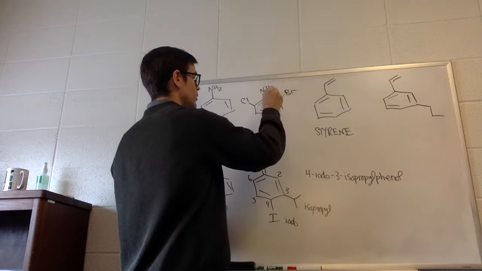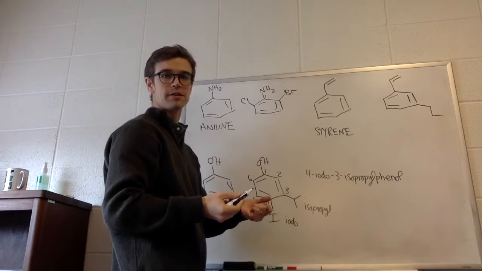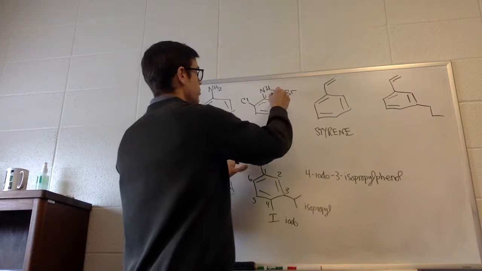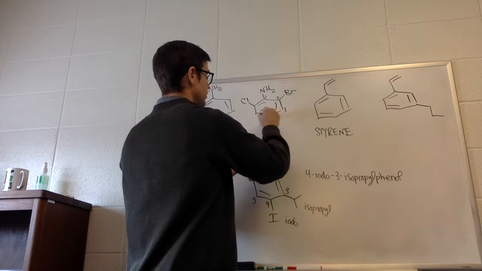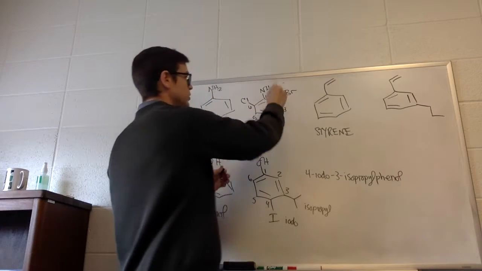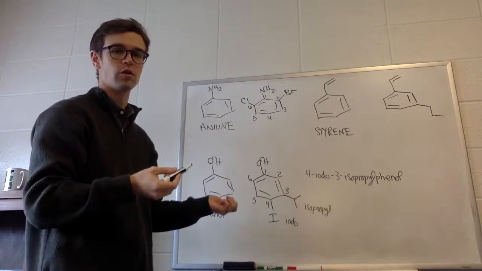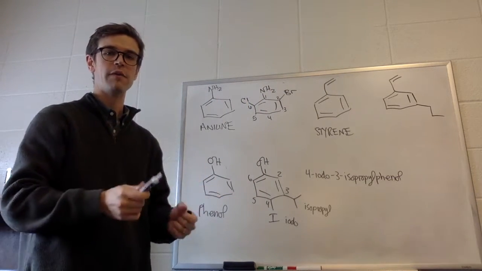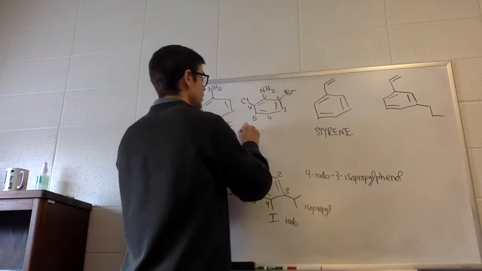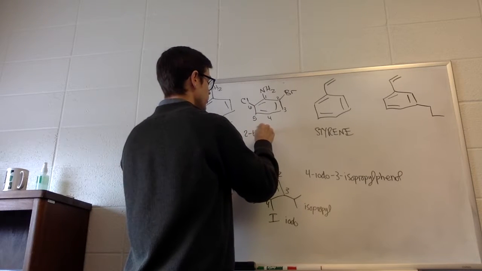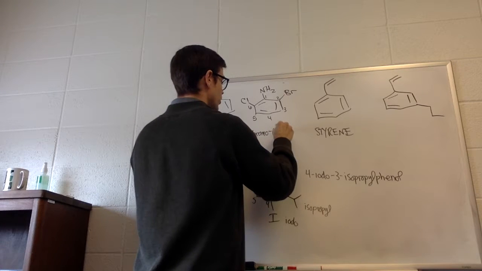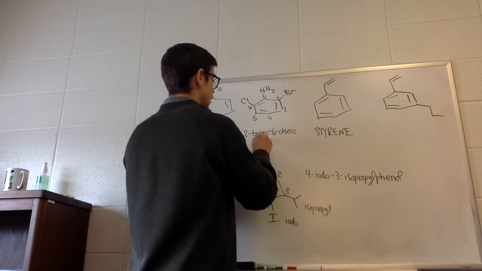We'd have a 1, 2, 6 substituted benzene ring. But by numbering clockwise, we get 2-bromo, 6-chloro. So the earlier thing in the alphabet gets the lower number. So this would be 2-bromo-6-chloroaniline.